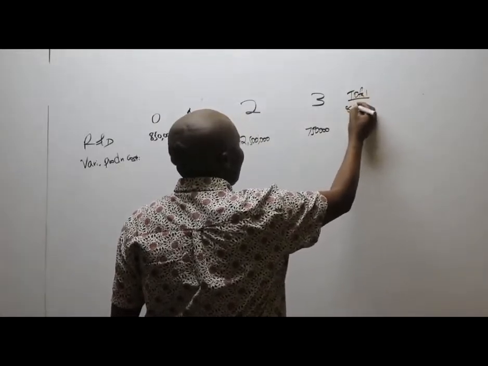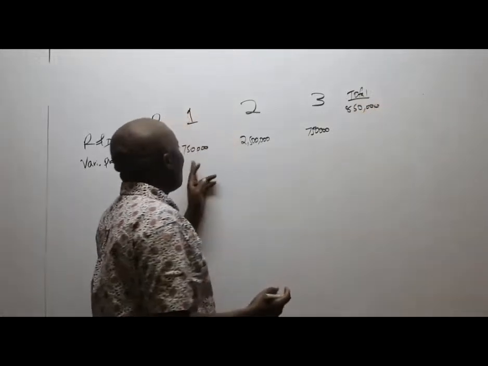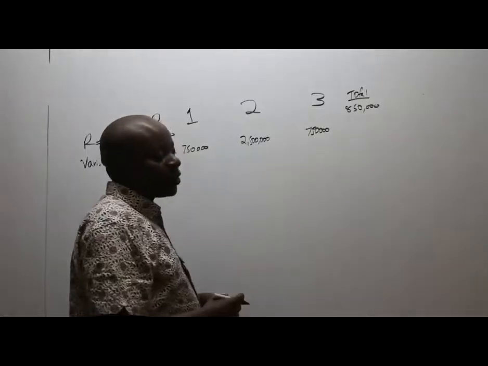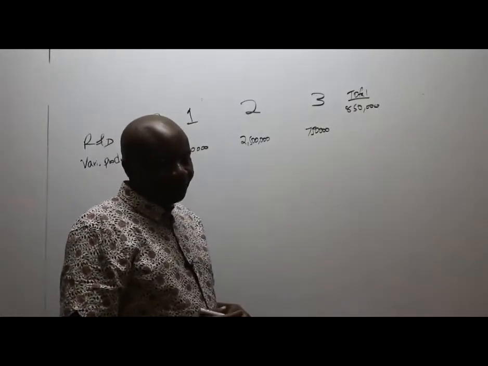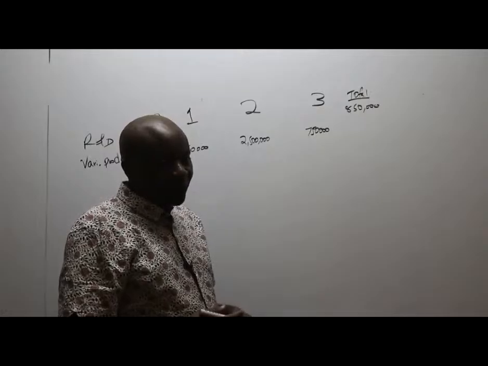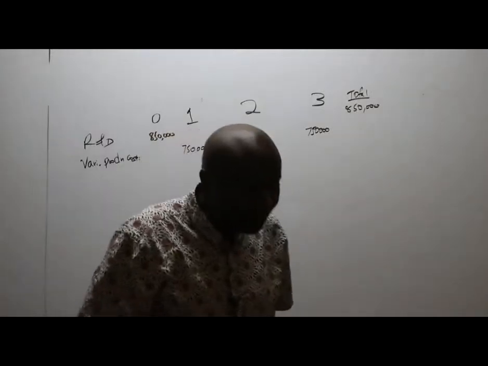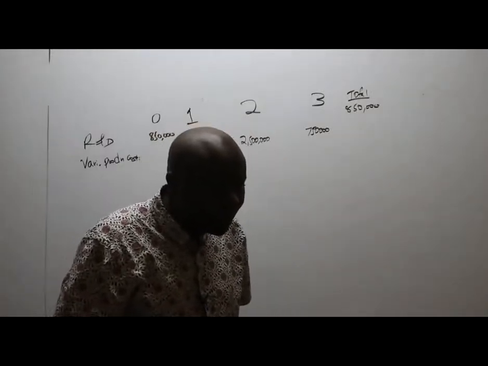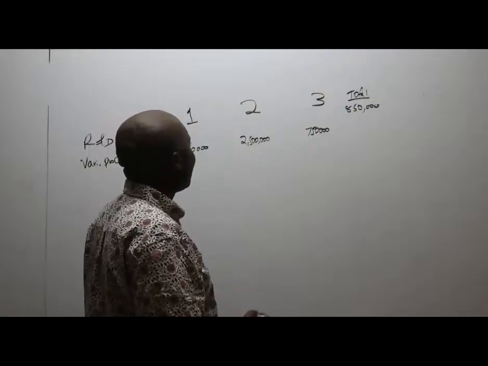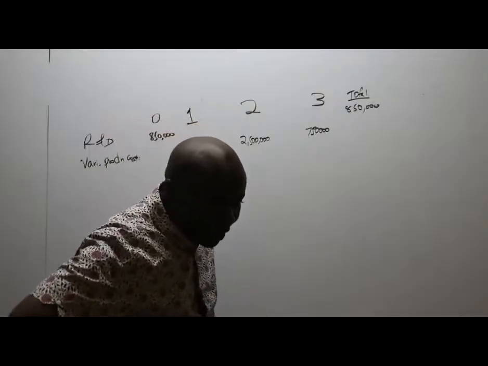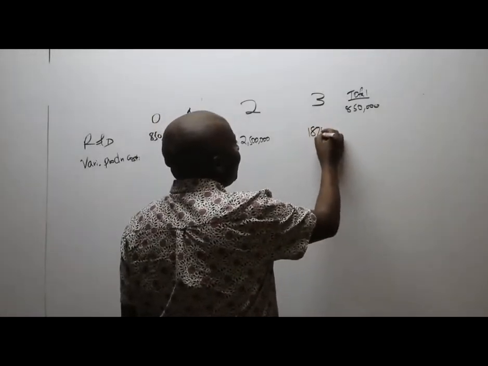Totals. So research and development is 850,000. How about the total variable production cost? You add the three. I don't know what year three is. 1,875,000. Year three, 1,875,000.